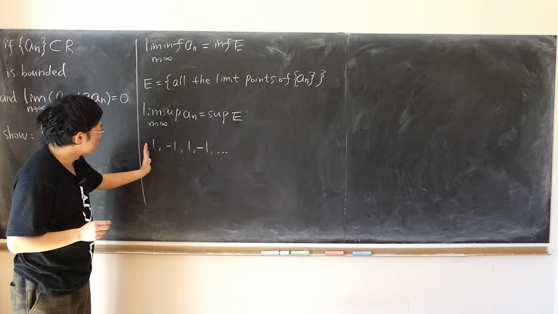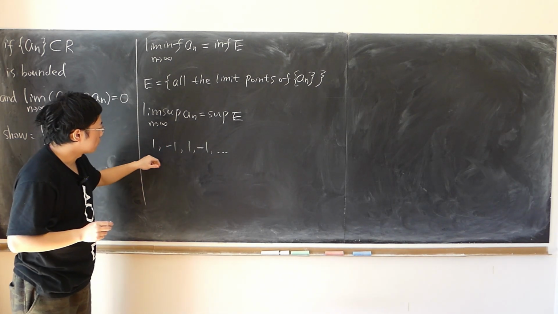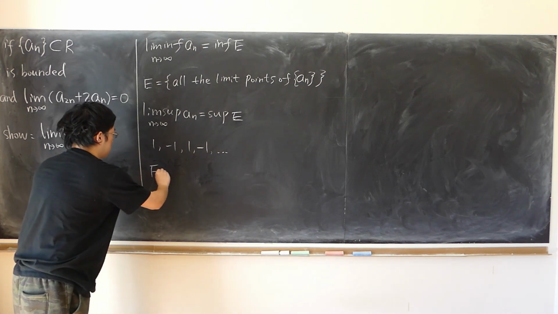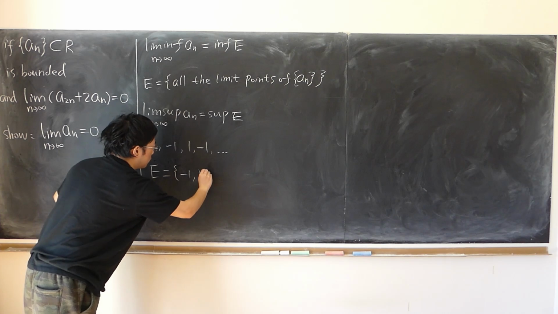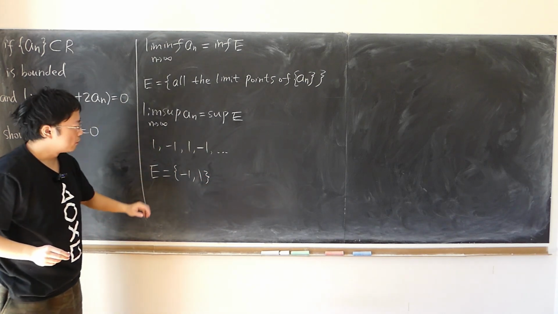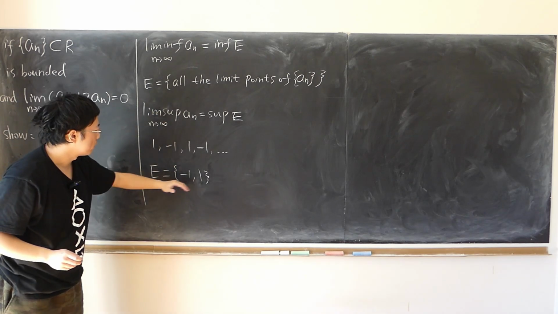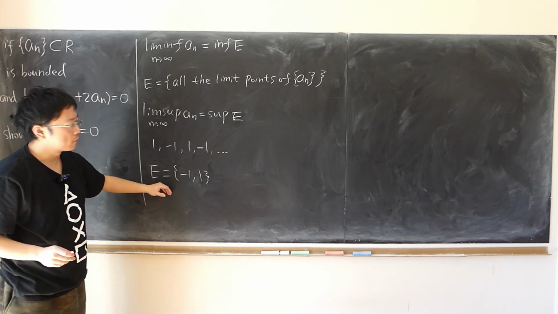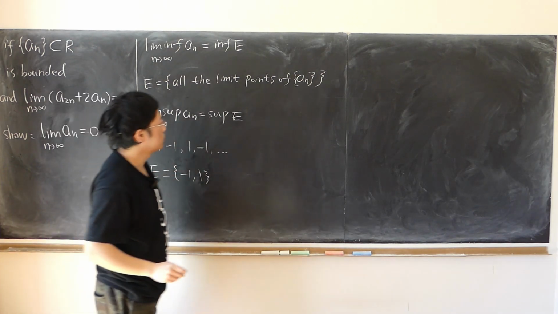One subsequence converges to 1, the other converges to -1. So in that case, E is equal to this. In this case, the lim_inf is just -1. Lim_sup is 1. It also works for infinitely many limit points.